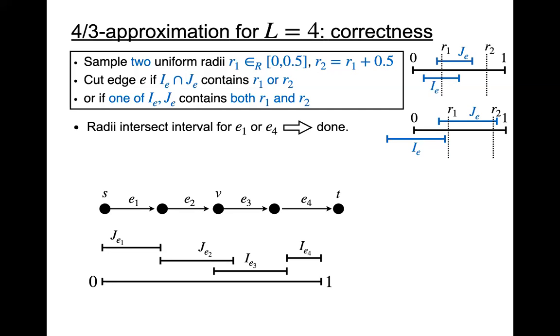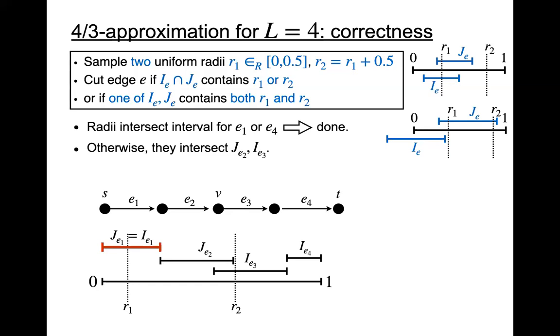And I first want to note that if one of the radii intersects either the interval corresponding to the first or last edge, then we're done, because those edges are mapped to two identical intervals, right? So then, for example, if R1 intersects one of the intervals corresponding to E1, it in fact intersects both of them because they're the same, and then we would cut E1, okay?